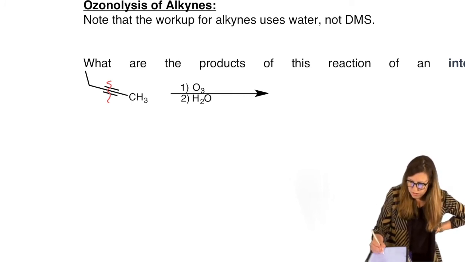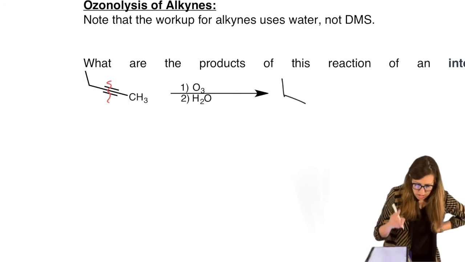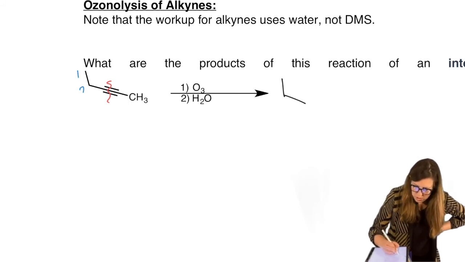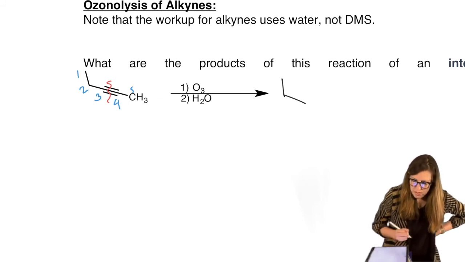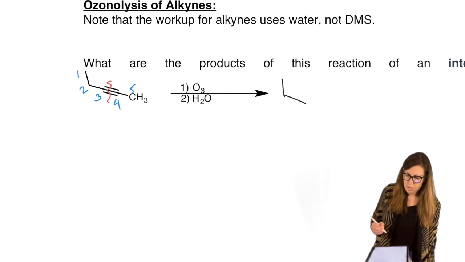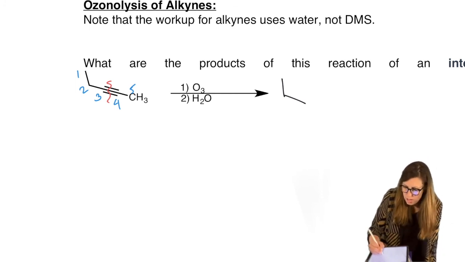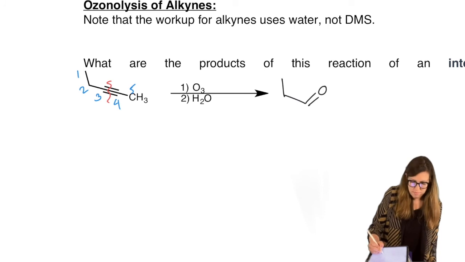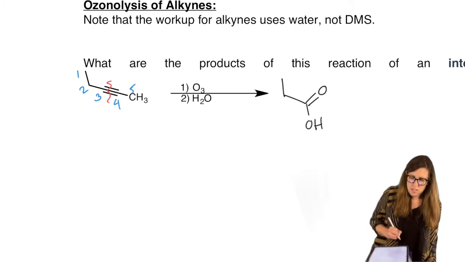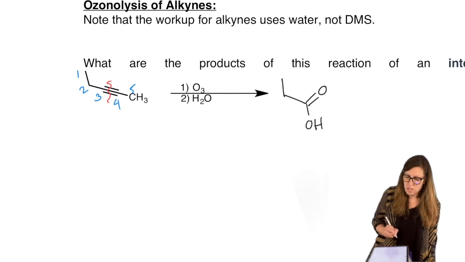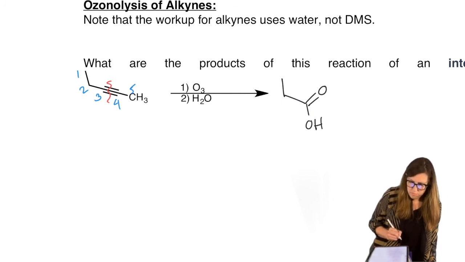So here's our alkyne, number those carbons, 1, 2, 3, 4, 5. So the first piece will have 3 carbons. The third carbon is where we get our carbonyl. All right, and then with water, that does some extra oxidizing to allow us to get to a carboxylic acid.